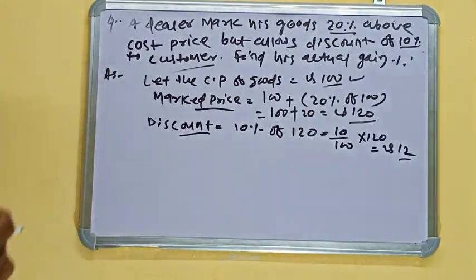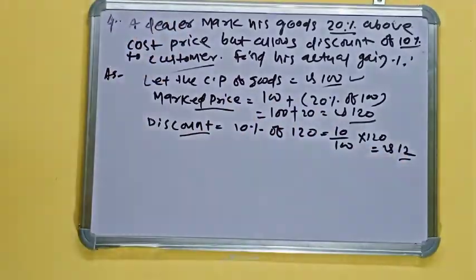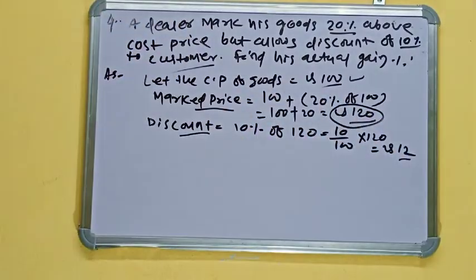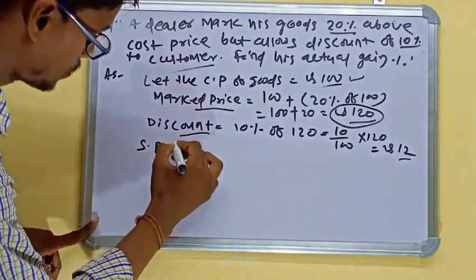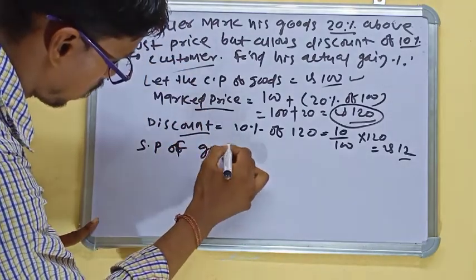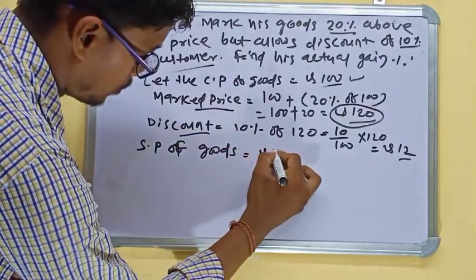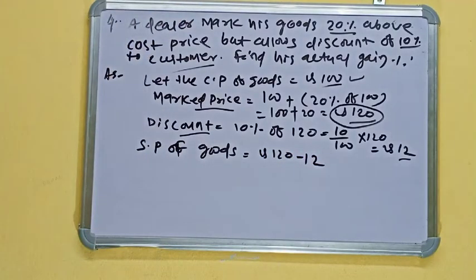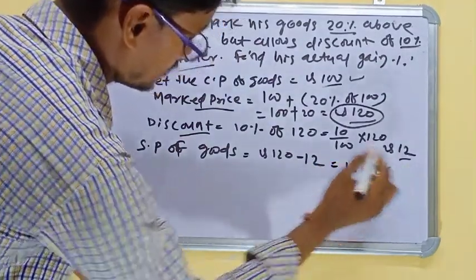Then when the customer pays, rupees 12 must be deducted from rupees 120. Then the SP of goods is equal to rupees 120 minus 12, which is equal to rupees 108.